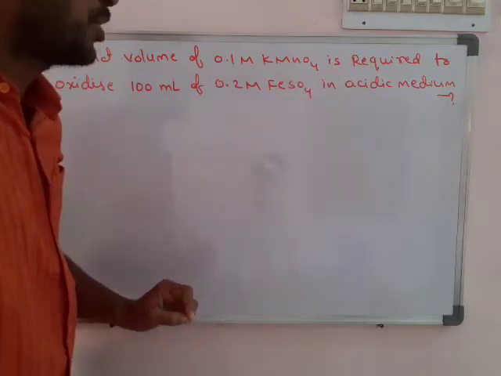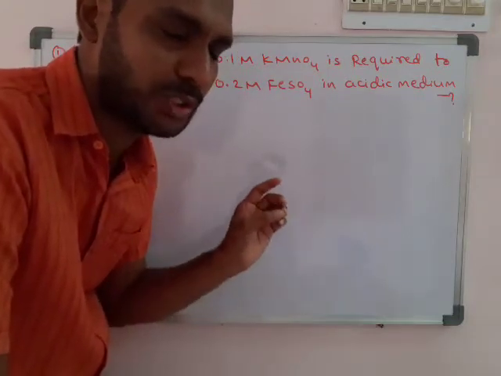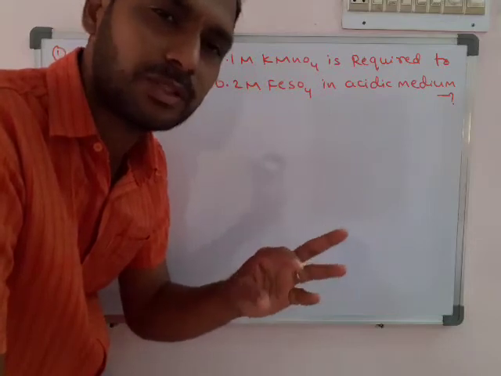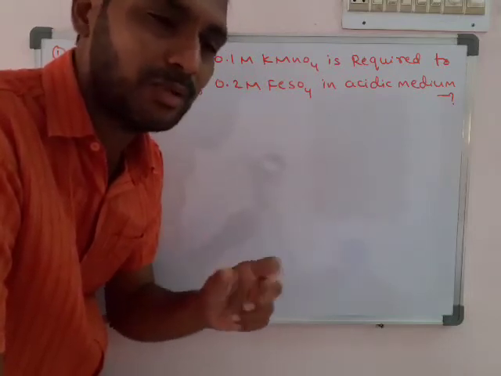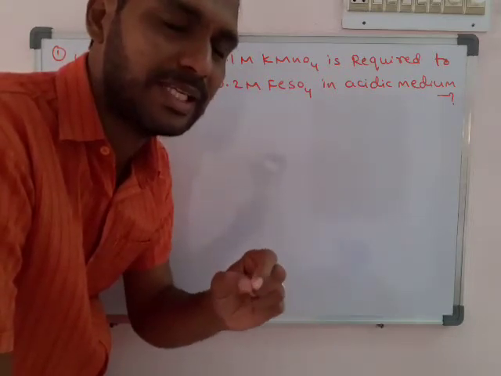acidic medium. So actually, to do a problem with the number of moles, we have to take the total reaction, and after balancing that reaction we compare the number of moles. But we also have another concept, that is comparing the milli equivalents.